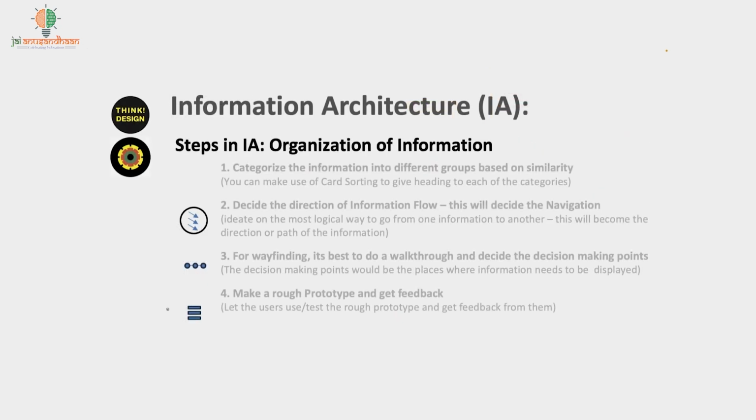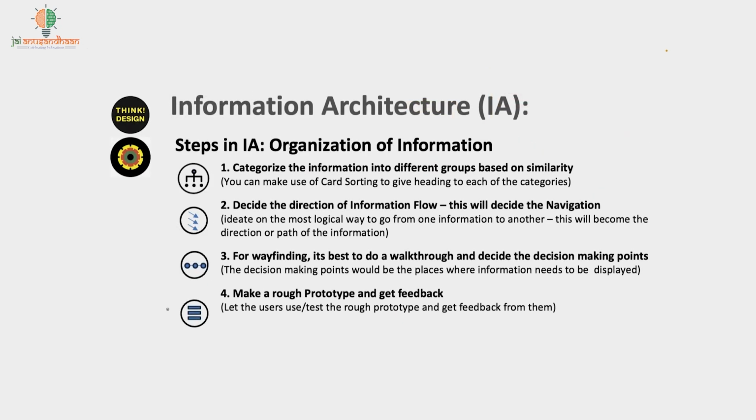Yeah, so if you look at the steps in organization of information, first you have to categorize the information into different groups based on similarities, so that they all come under certain groups, and then you have to decide how it should flow, how you will decide the navigation, from what it should go, what should be next.